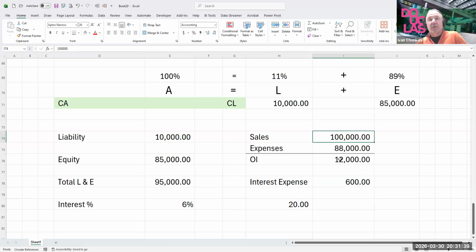But now with the extra $10,000 that I borrowed, remember in the previous situation my operating income was 12. Now with the current borrowing, I was able to increase the sales to 120, and my operating expenses went up. I'm trying to find the number here.